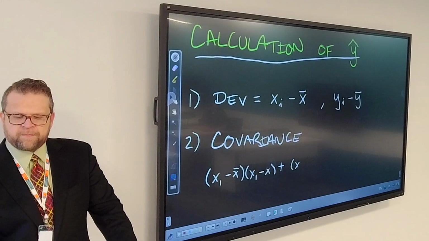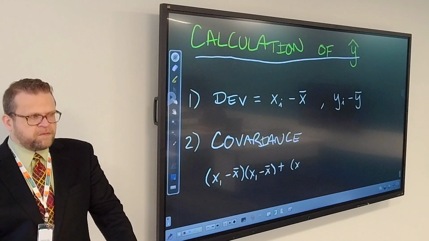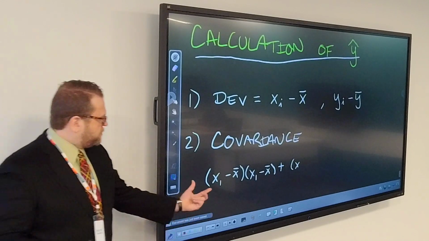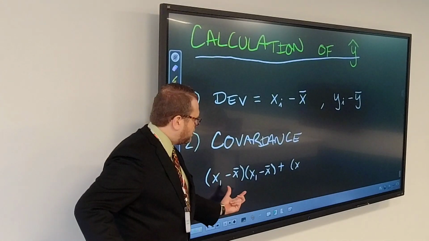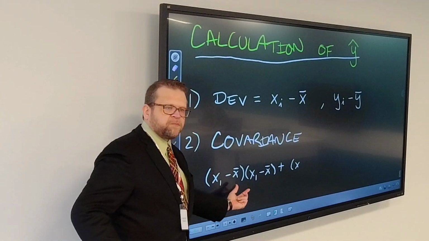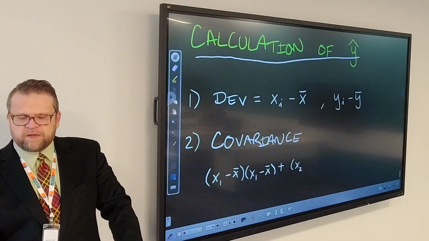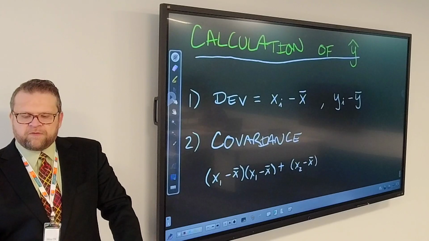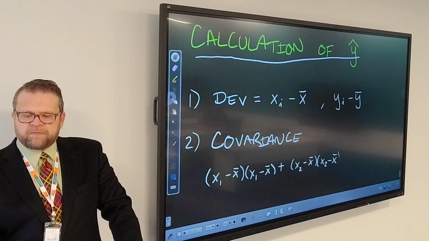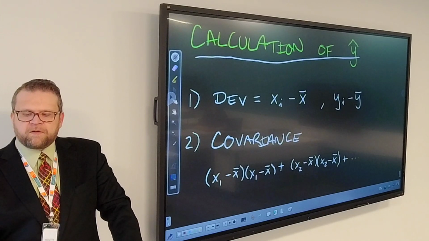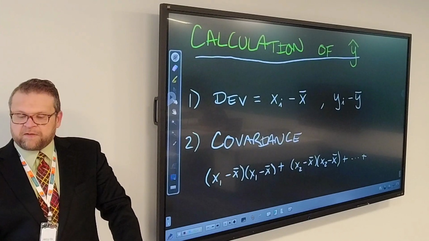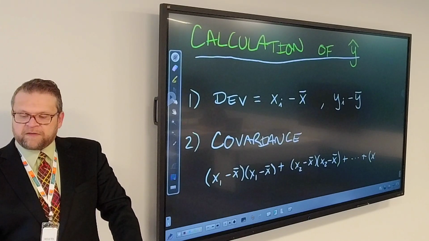That's what squared means, right? So this is the first deviation squared, because there are 2 of them multiplied. I would have the second deviation squared, and so on, until I got all the way to the end of my data set.